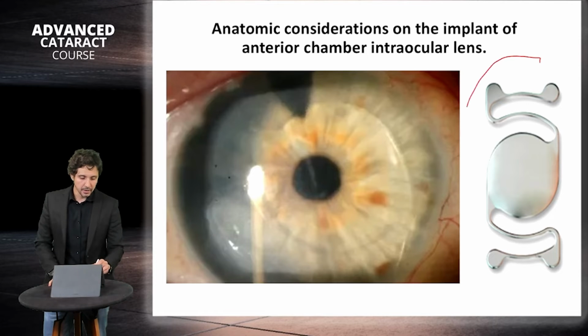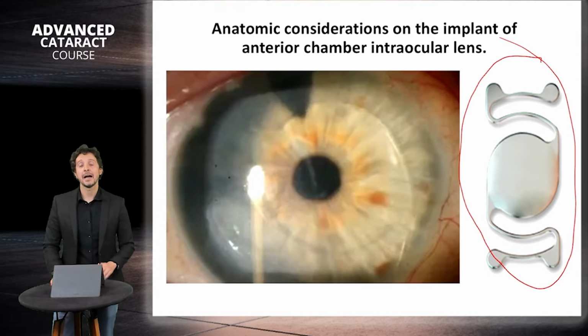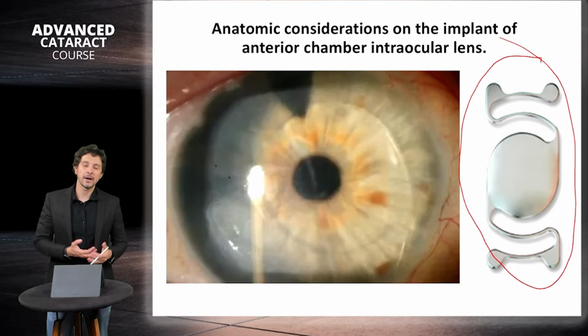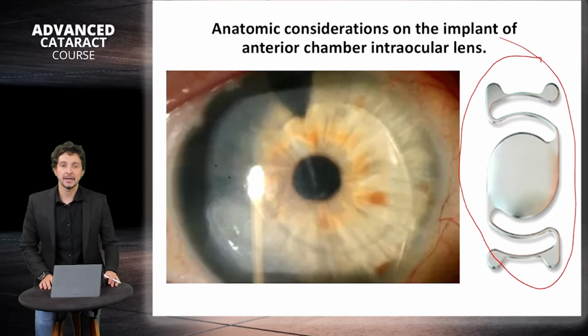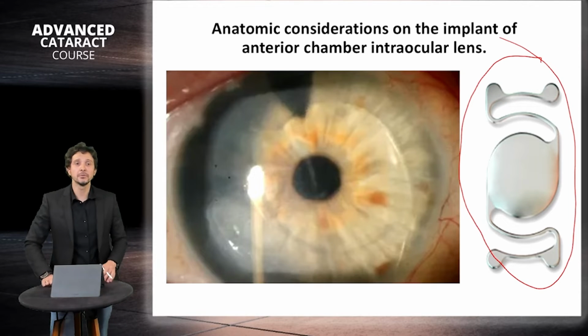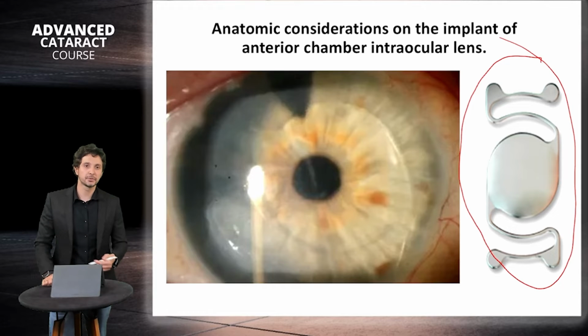Okay? Let's go. Anatomic consideration on the implant of the anterior chamber intraocular lens. So here you have an open loop IOL. This kind of IOL is implanted in patients with aphakia. In a lot of countries in the world, it's possible to implant this kind of IOL.